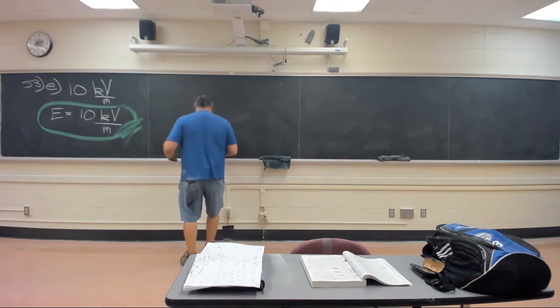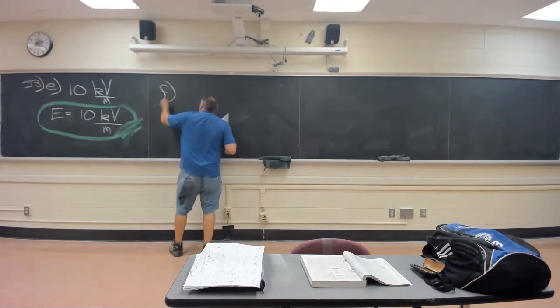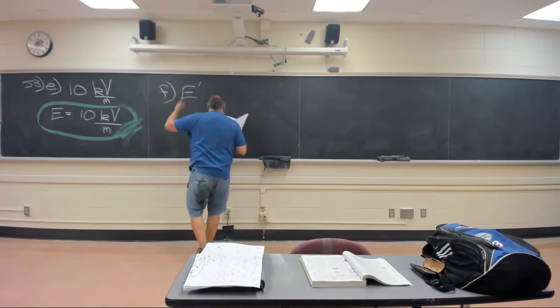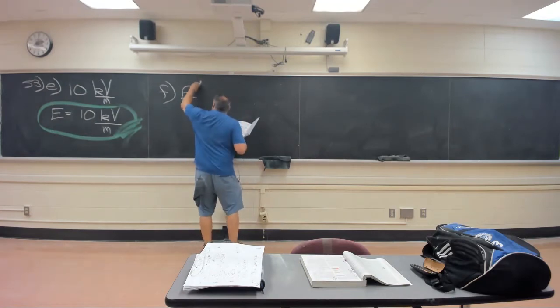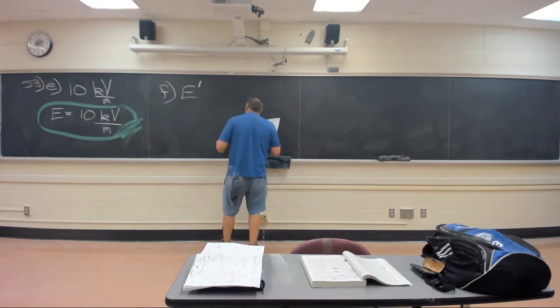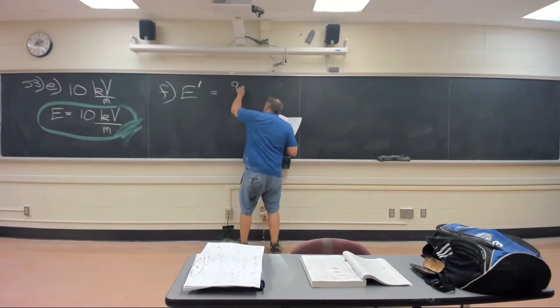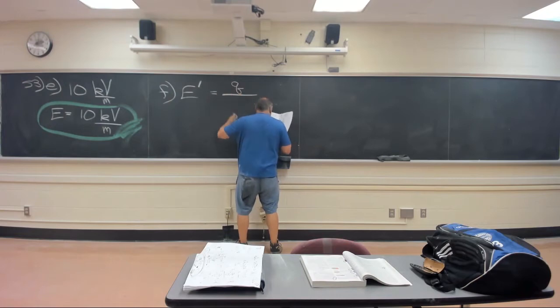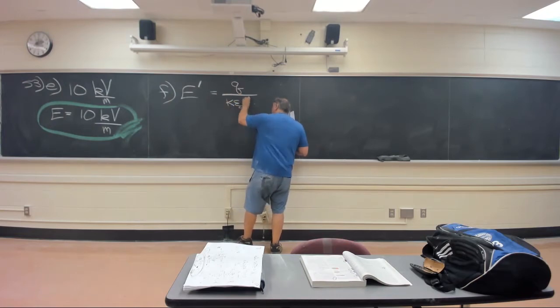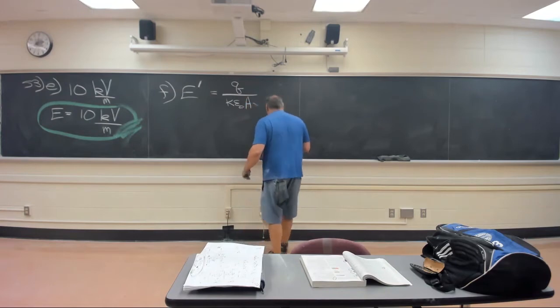So for F, it's a different E, so I called it E prime, just to say it's a different E. And it's the same kind of argument that's taking place. It's Q over K.